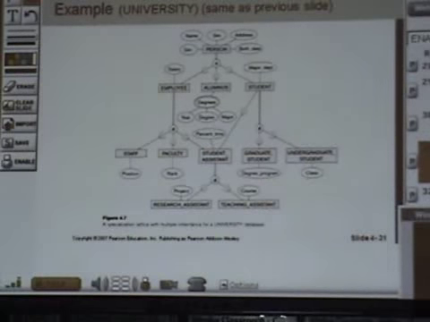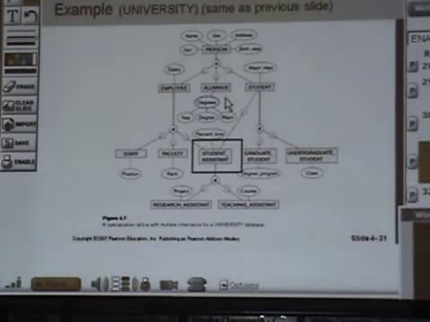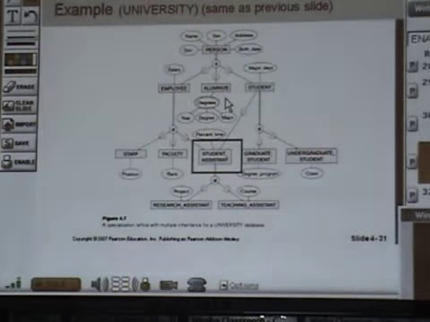Why don't you take a look at the student assistant, right? First, my question is, how many entities do you have? How many entities? 1, 2, many?